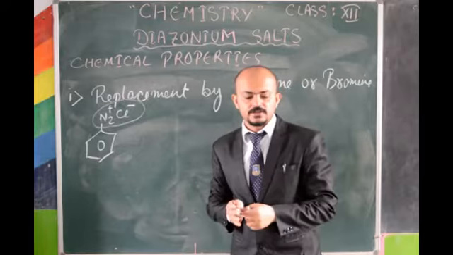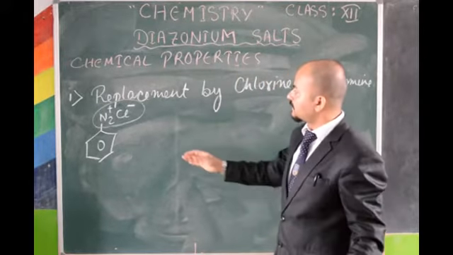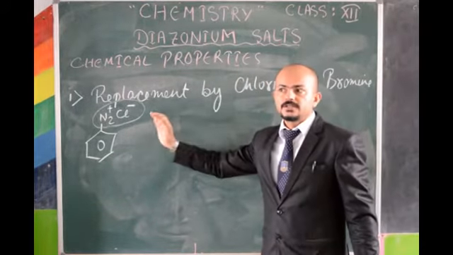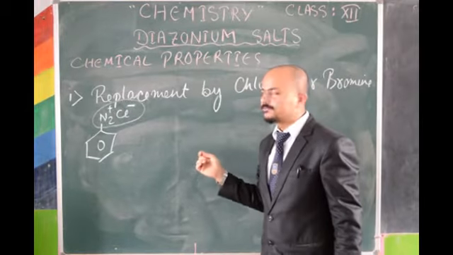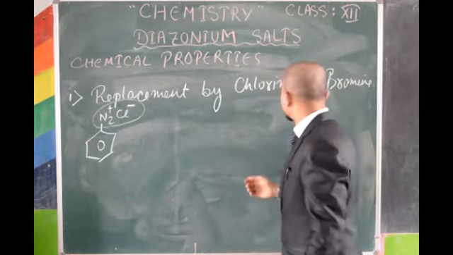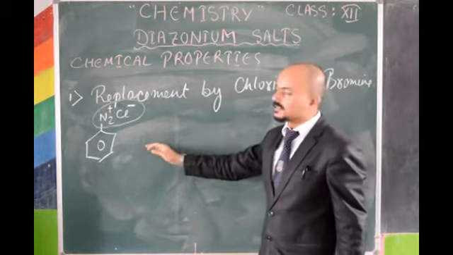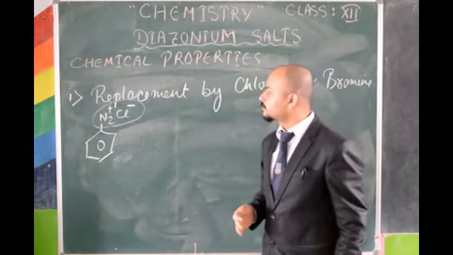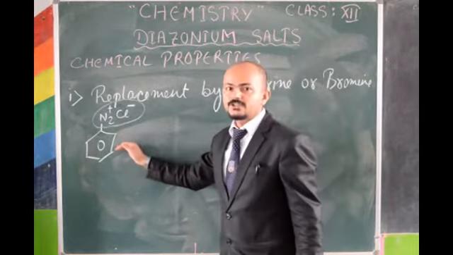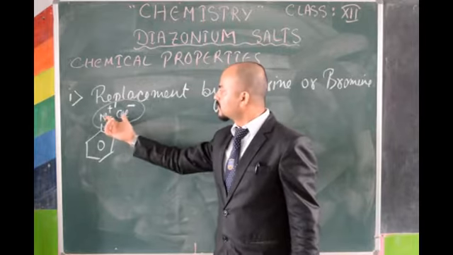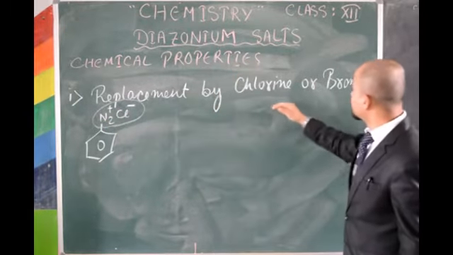And why did we discuss fluorine? Because the reaction of replacement by fluorine and replacement by nitro group was almost similar. Today we will be discussing replacement of this N2+ Cl- with chlorine or bromine.